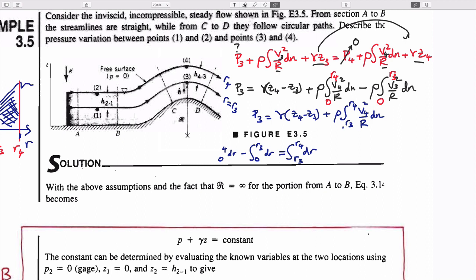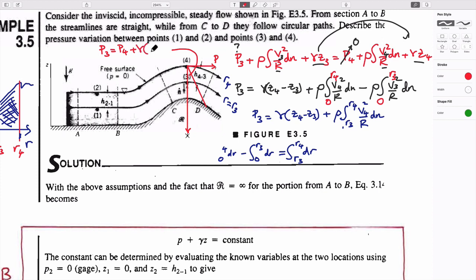Then physically what's going on is that if we look at the pressure with depth as we go down here, we know that the normal pressure distribution with depth would be equal to, let me draw it out to the side, P3 is equal to P4 plus unit weight times Z4 minus Z3.